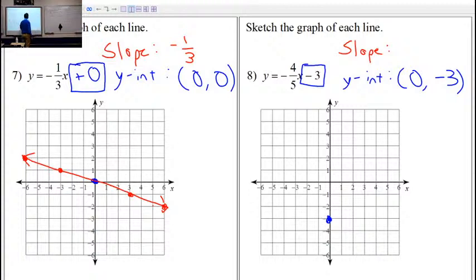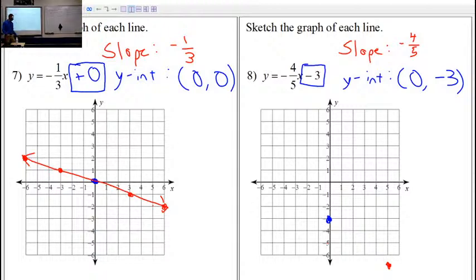And then our slope was attached to the x. It's negative 4/5. And that gives us directions to move down 4 and to the right 5. Down 1, 2, 3, 4, and to the right 1, 2, 3, 4, 5.